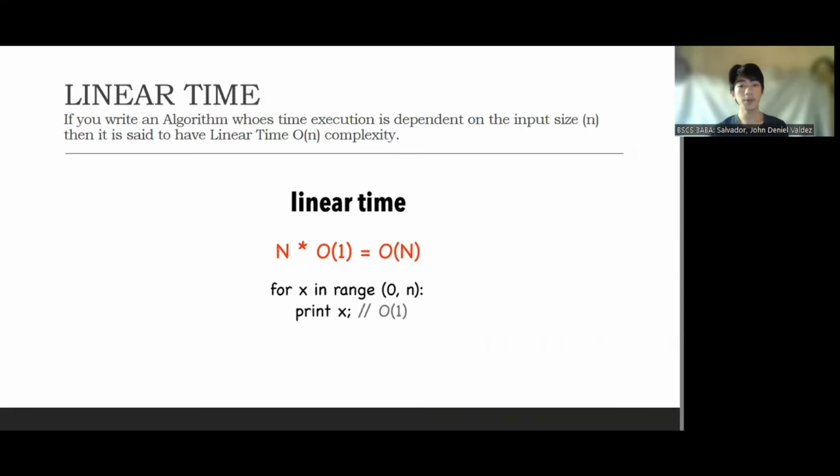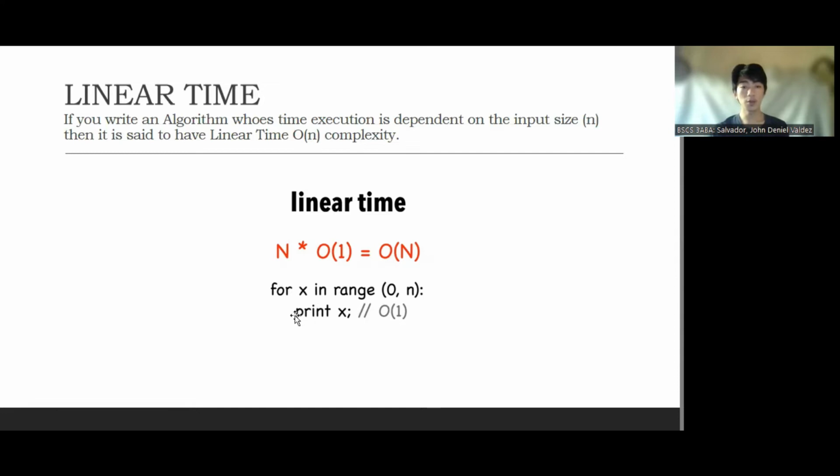If you write an algorithm whose execution is dependent on the input size, then it is said to have a linear time complexity. Sinasabi lang naman dito sa description na to is ang linear time complexity ay dependent sa input size. Kagaya ng code na to, for example, ito ay isang for loop.